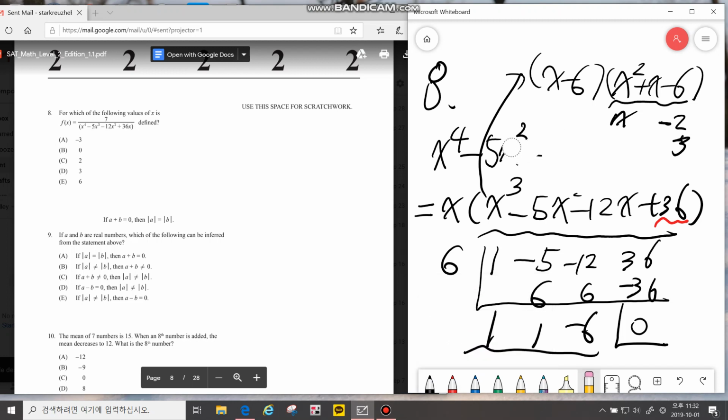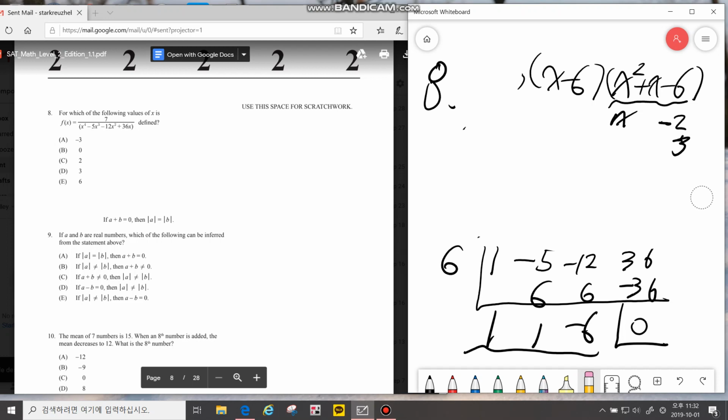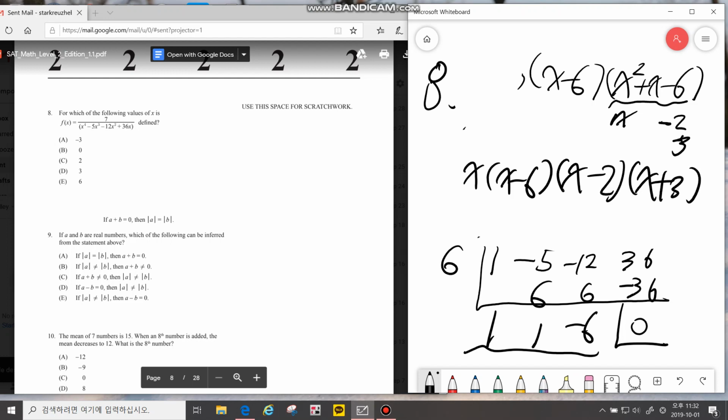The denominator can be factored into x, x minus 6, x minus 2, and x plus 3. Therefore, this function is not defined when x is 0, 6, 2, or negative 3.